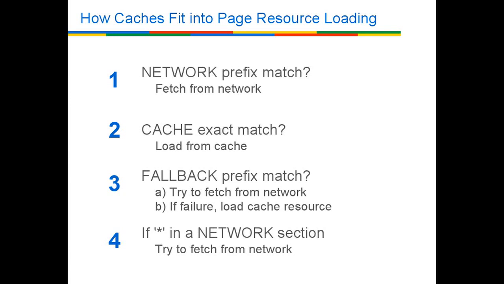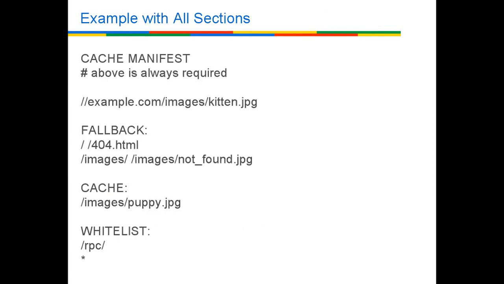And if that fails, and again, the definition of success is very narrow here. You need a 2xx response type. Then you load the cached resource that's included on the prefix match line. So like here, if you try to access the resource /foo, then 404.html would be loaded.